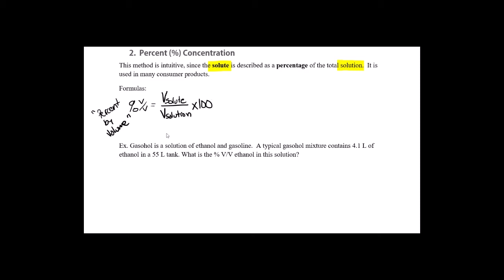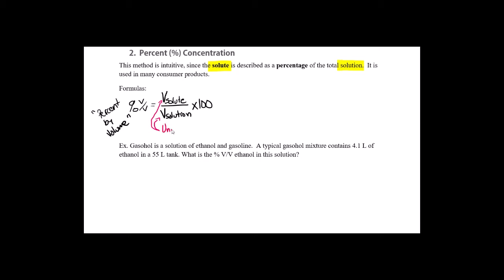Now, these are volumes, so we need to have volume units, such as liters or milliliters. And it doesn't actually matter what unit I use for the volume of solute and the volume of solution, but what does matter is that the volume units must match.